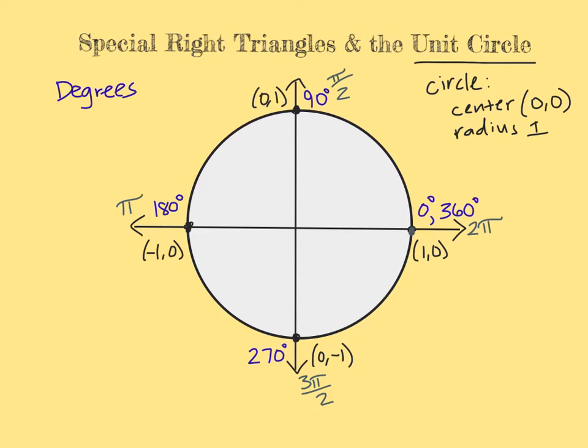and also in radians. Now, how do we go between degrees and radians? We are going to use the fact that 1 pi is equal to 180 degrees.